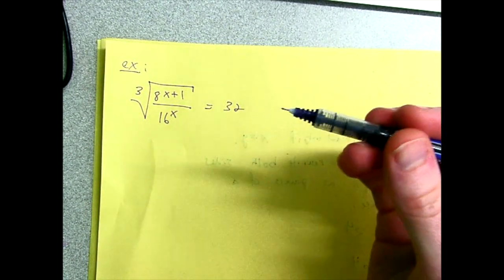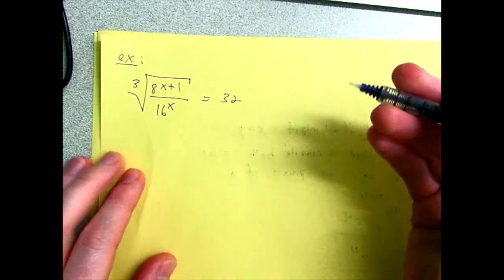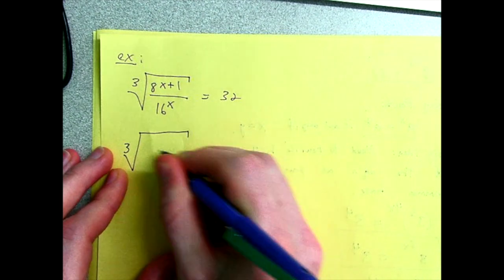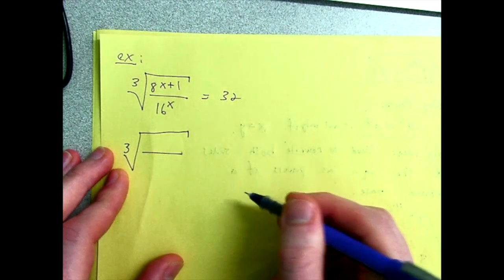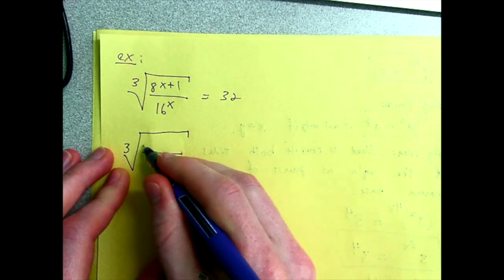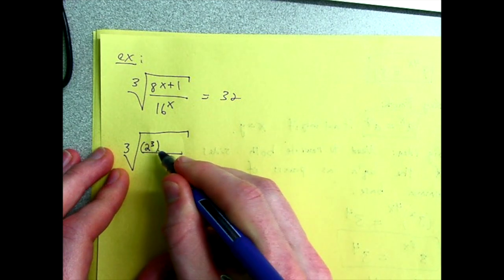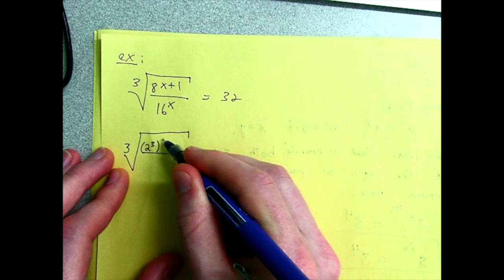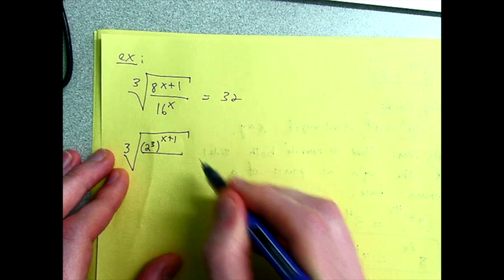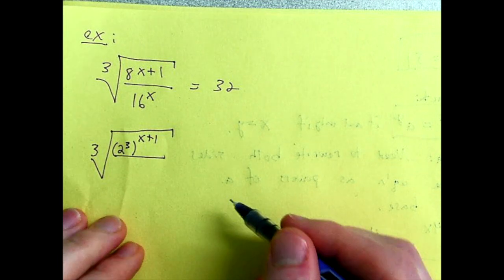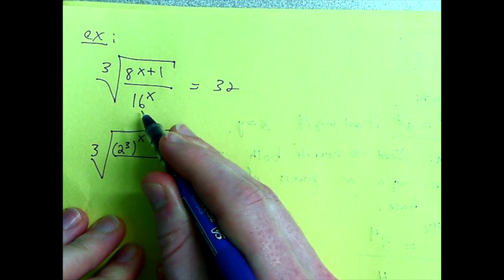So let's go ahead and rewrite each of these as powers of 2. So I have third root of, well, what is 8? 8 is 2 to the third, isn't it? So I'm going to replace the 8 with 2 to the third. So I have 2 to the third to the power of x plus 1, over, I'm going to replace this 16.